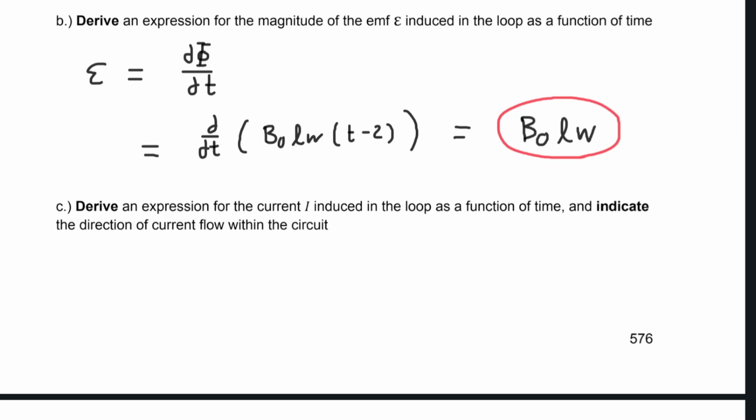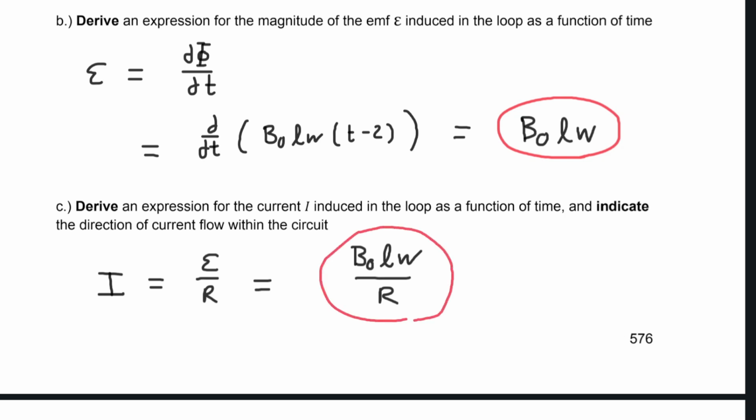All right, current induced as a function of time. Well, current is just the EMF divided by the resistance. So we just divide our previous answer by the resistance of the loop. And indicate the direction of current flow. Well, once again, notice that in this case, we have this loop, and the magnetic field is getting weaker into the page.